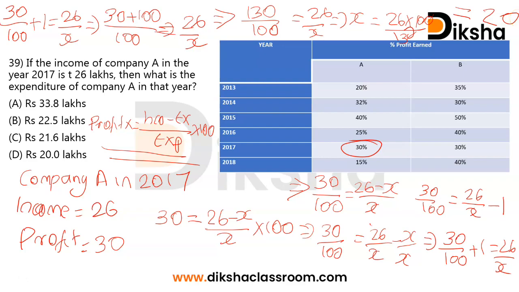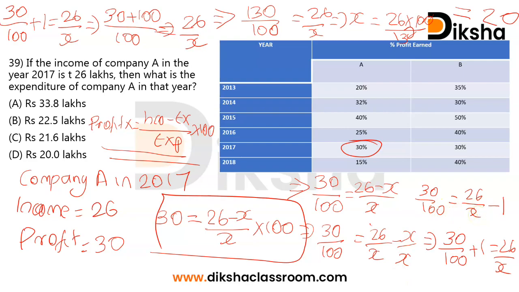This is the way we'll be finding it. We substitute everything in the equation: profit equals income minus expenditure by expenditure into 100. Given that the income in the particular year is 26, we equate: 30 by 100 equals 26 minus x by x, that is 26 by x minus 1.